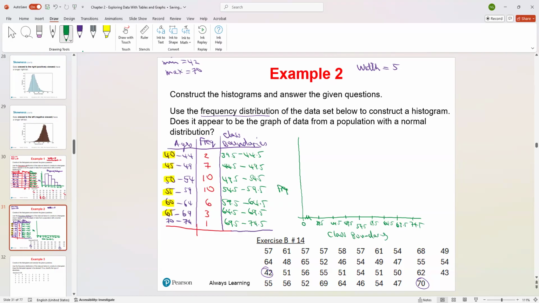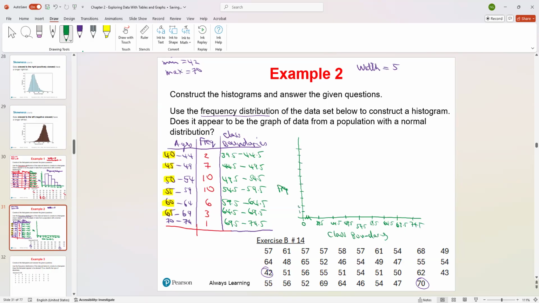On the y-axis, what we're going to have, we see the smallest frequency is 1 and the largest frequency is 10. We can count 1, 2, 3, 4, 5, 6, 7, 8, 9, 10.